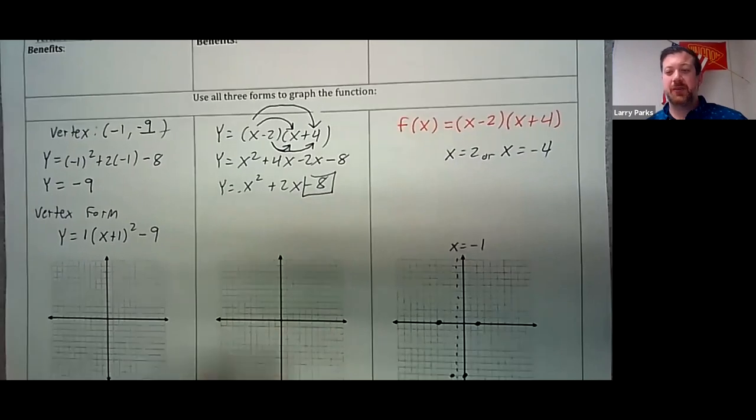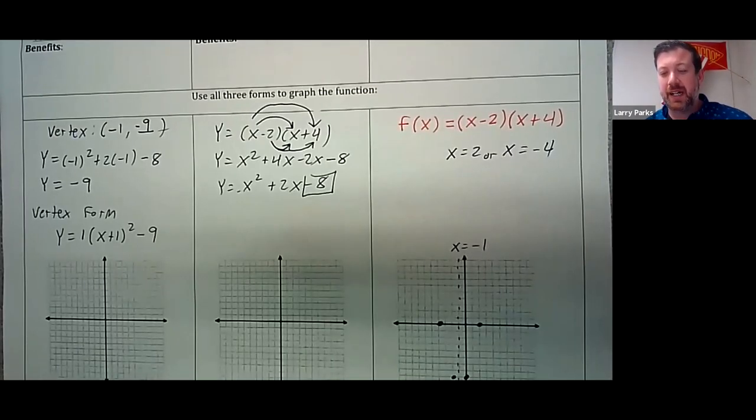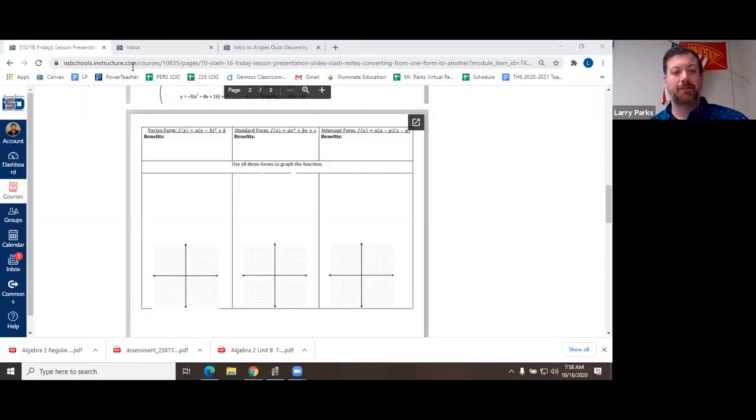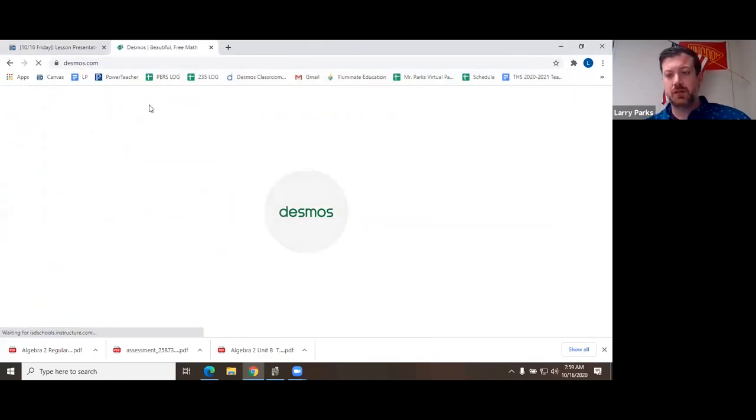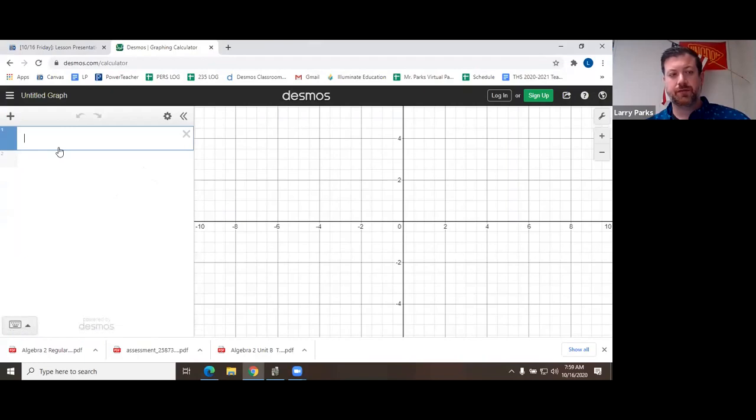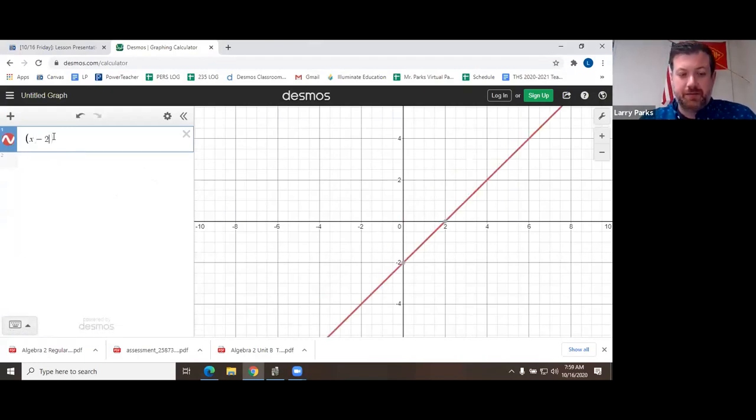All right. Since we have time on this problem, I am going to type all of these into Desmos and show you that they are all the same thing. That's a good way to check your answers. So we started off in factored form.